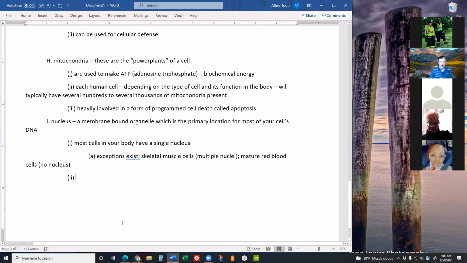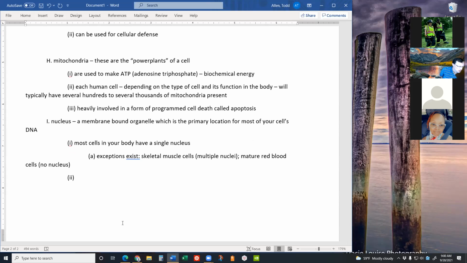The video we watched this morning mentioned a sub-area inside the nucleus called the nucleolus. That was figure 3.24. On figure 3.24, you see the nucleolus there.